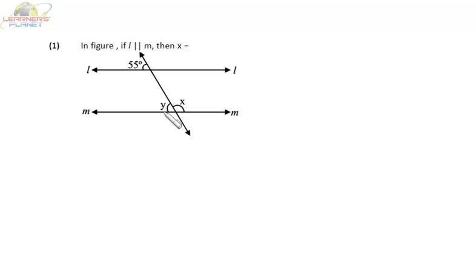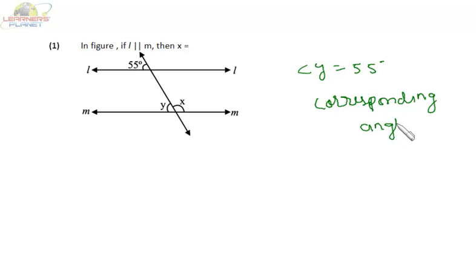That means angle Y will also be of 55 degrees since both of them are corresponding angles, isn't it? So angle Y will be 55 degree. Why? Because they are corresponding angles. Now angle Y plus angle X will be 180, because they are linear pair.